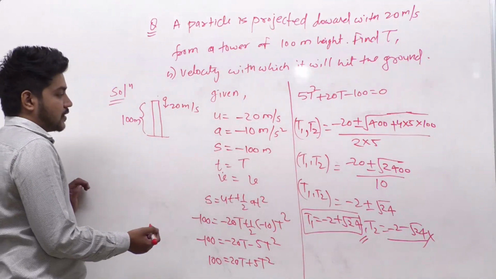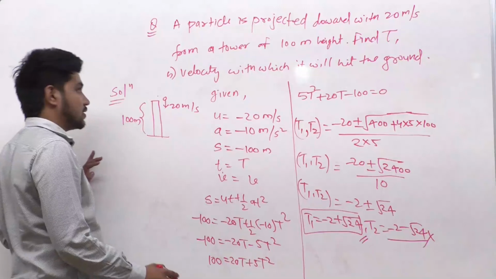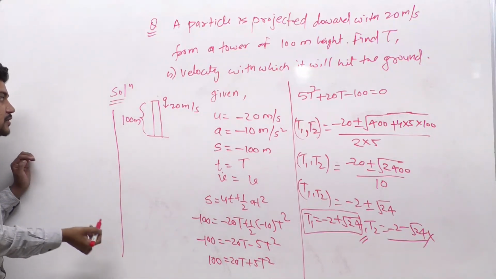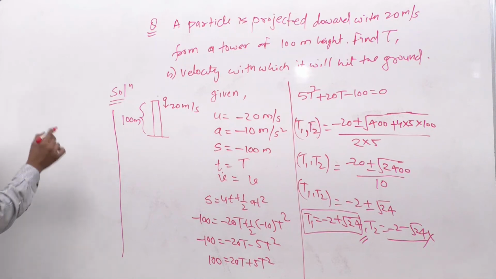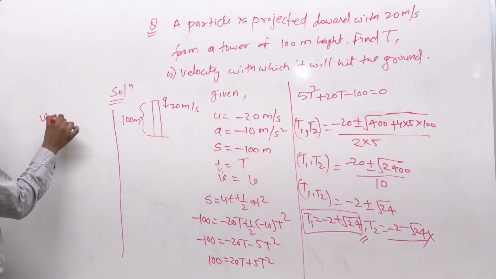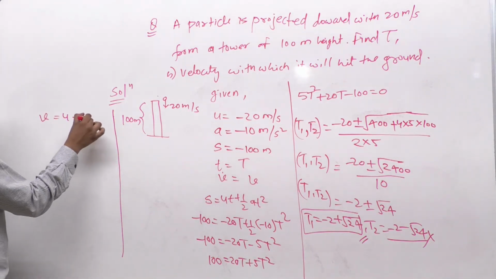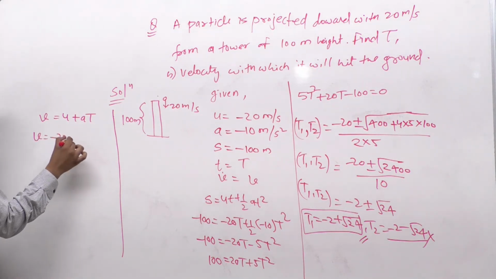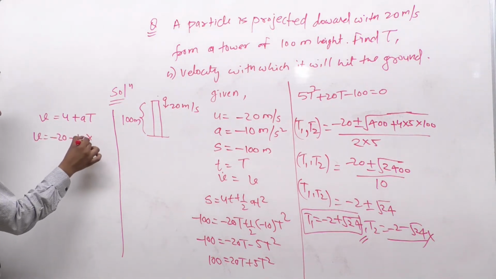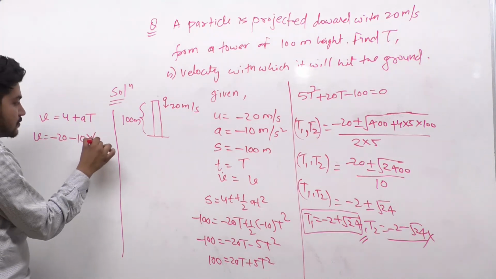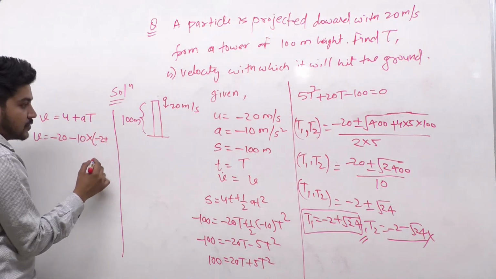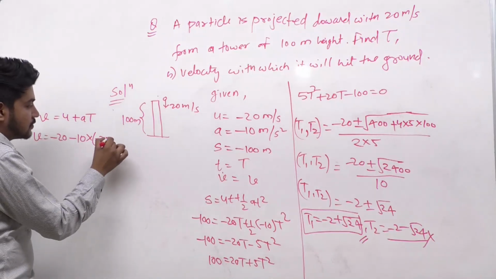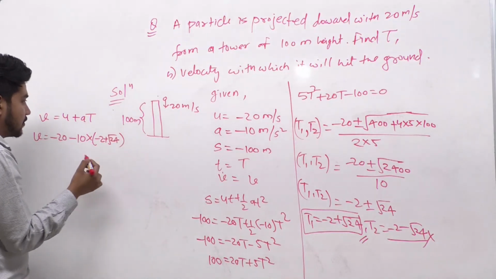The second part is velocity, which we have to find. Which formula will we use? V is equal to u plus at, because time is known to us now. So v, initial velocity is minus 20, minus 10 into t, which is minus 2 plus root 24, right?